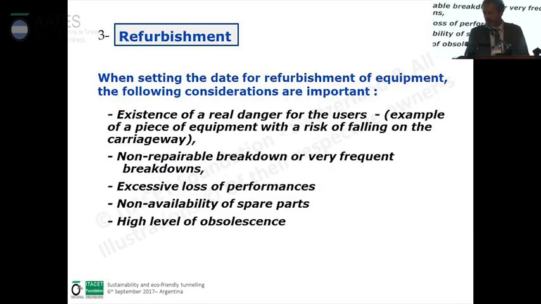Okay. A word about refurbishment. I will be very quick, because the refurbishment of equipment is a very important operation. It happens when we consider there is a real danger for the users, or you have excessive loss of performance, or non-availability of spare parts.